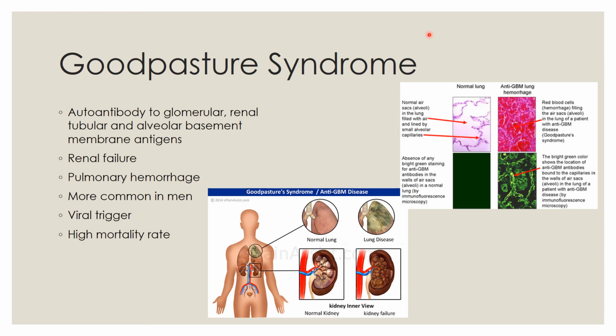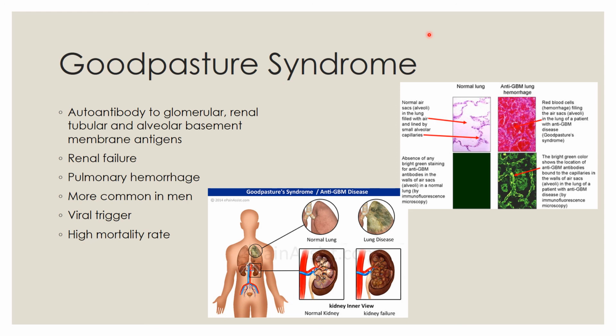It's most frequently seen in the kidneys, so it's associated with renal damage, but 50 to 70% may also show pulmonary hemorrhage, which results from the inflammatory response against the alveolar basement membrane. It's just that the renal failure seems to be a little bit more common.